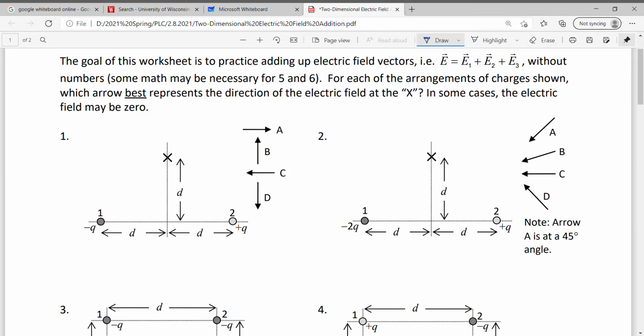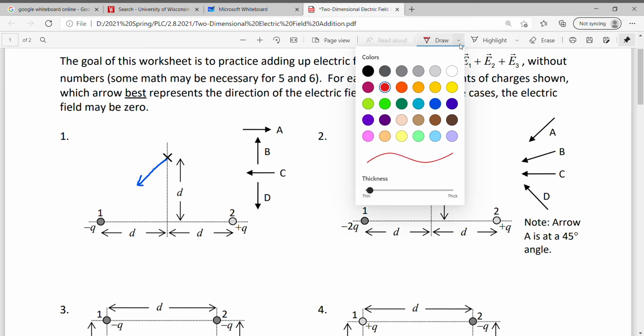So let's do this. For problem 1, we have a negative charge on the left and a positive on the right. They have equal magnitude of electric charges. At this position, E1 is pointing from this point to the charge because it's a negative charge, so it's pointing this way.